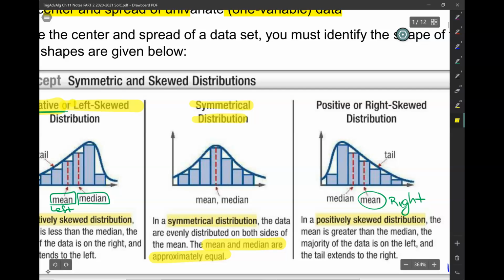But look at what happens here. When you do draw that curve, it's kind of an awkward curve because it doesn't match the graph totally perfectly. You do have some leftover spaces here. However, this histogram has 1, 2, 3, 4, 5, 6, 7 classes, 7 bars.